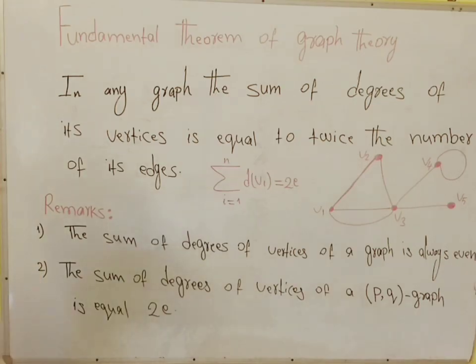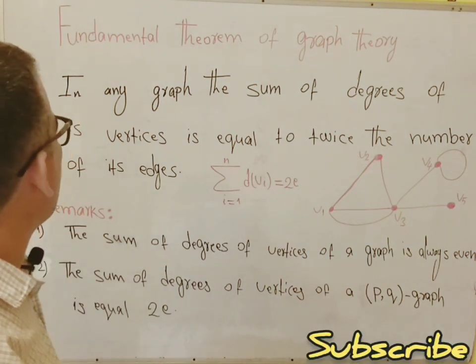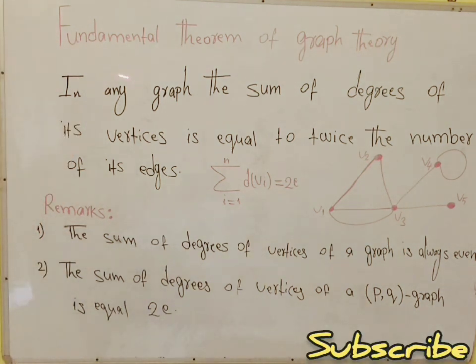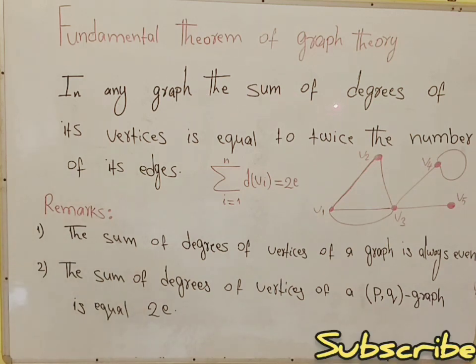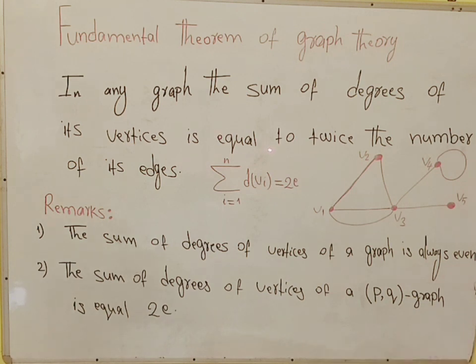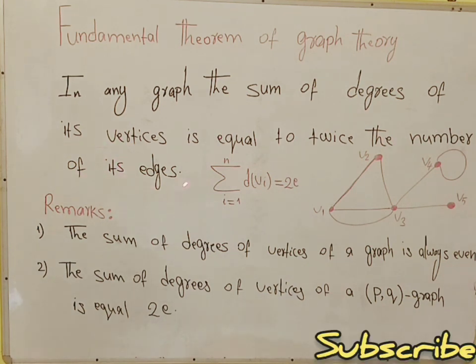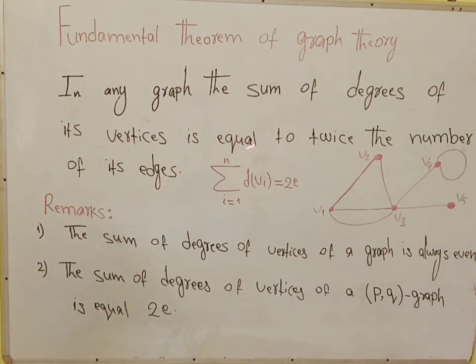Dear friends, in this video we are going to discuss the fundamental theorem of graph theory. This theorem says that in any graph the sum of degrees of its vertices is equal to twice the number of edges. Look, this is the formula.